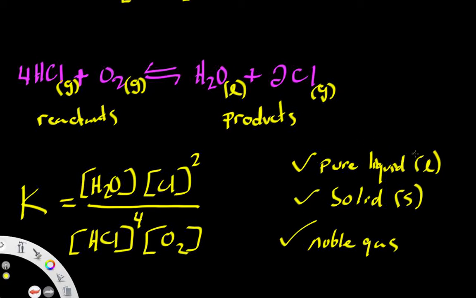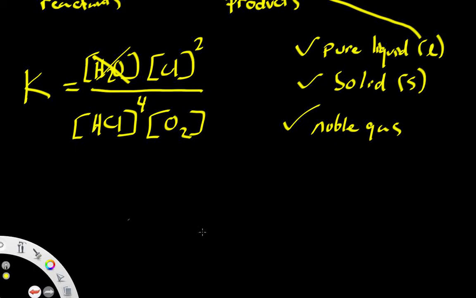And in this case, you can see that with water, we have a pure liquid. So actually, we do not have to include this into our equilibrium expression. And the same is true for solids and noble gases as well. Now we only have regular gases right here, so we are okay with that. But for future reference, if you see any of these, then just know that you don't have to include those into your equilibrium expression, and therefore, when you're running calculations based on that, you're not going to have to reference those calculations. So let's just finish this out.